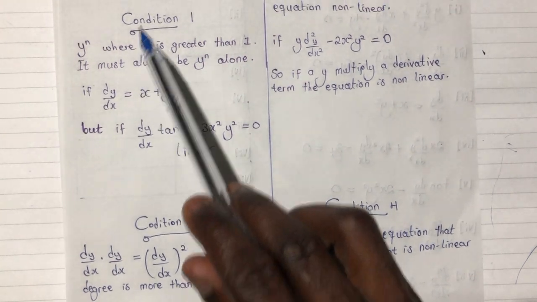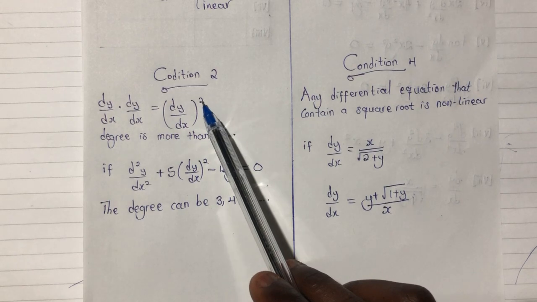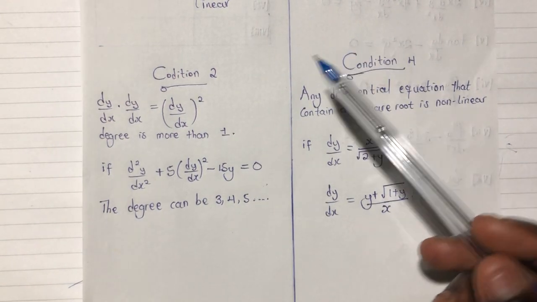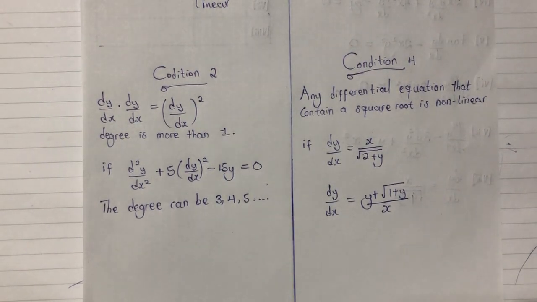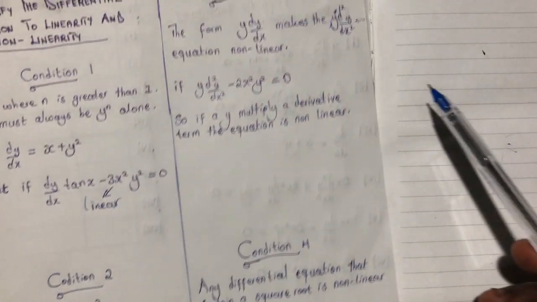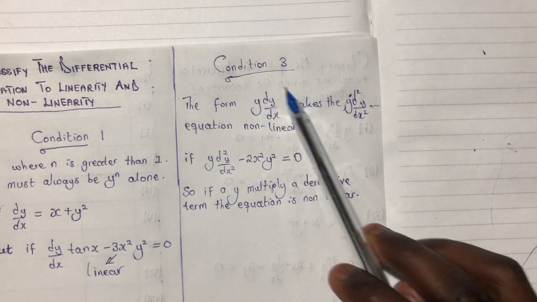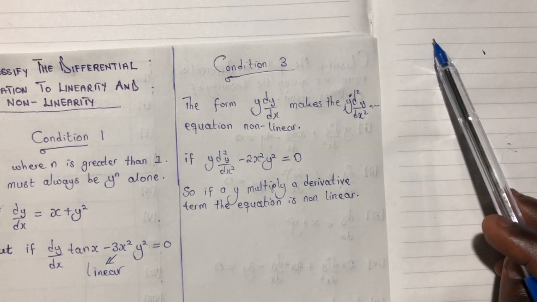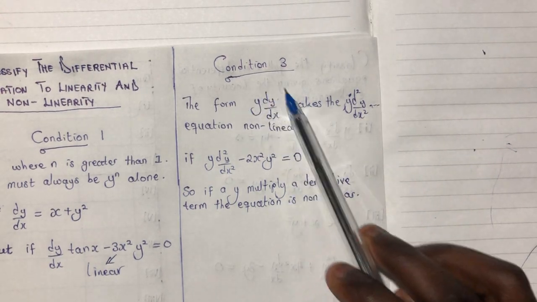So this is the first condition, and we learned that for the second condition, a second derivative, a third derivative, a fourth derivative, a fifth derivative standing alone makes an equation nonlinear. And then we went on to the third condition, saying that anytime a y is multiplying a derivative term, that differential equation is nonlinear.